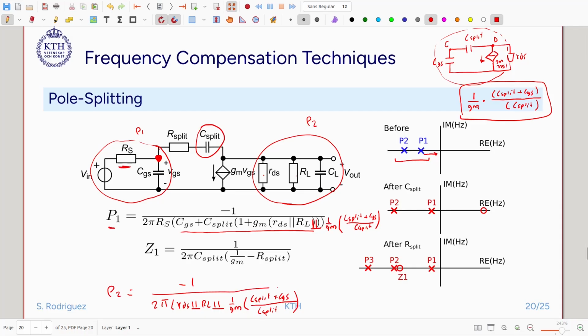So these are only the resistances, and then we have all the capacitance at the output. In this case, the load also contains all of CDS, but there is also another capacitance here that appears when we look at the impedance. That capacitance will be C split times CGS divided by C split plus CGS.